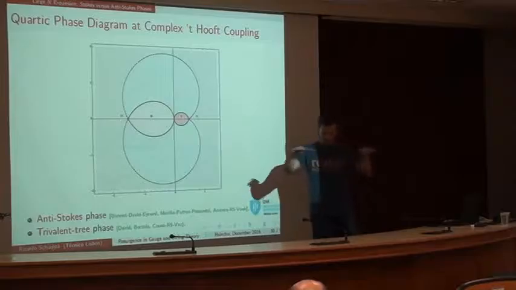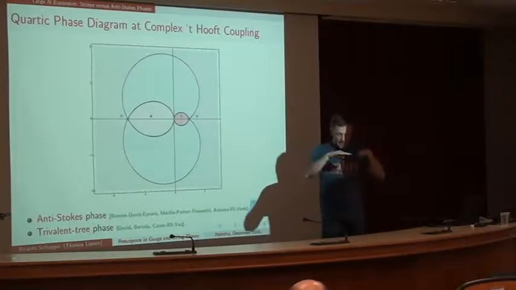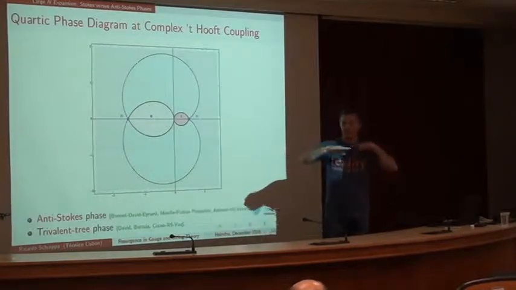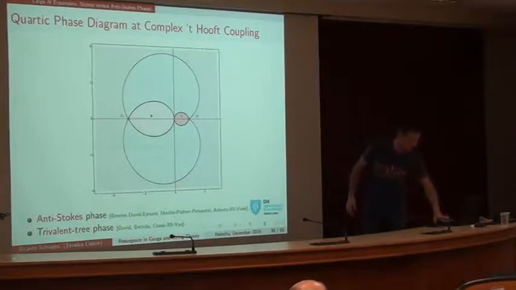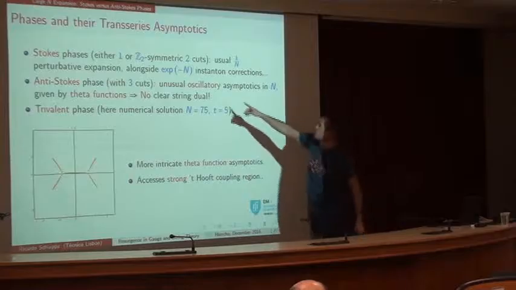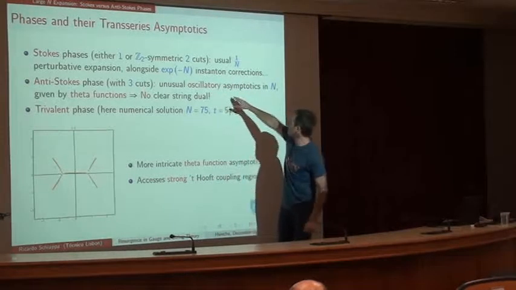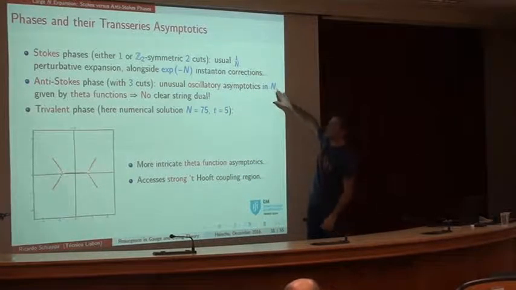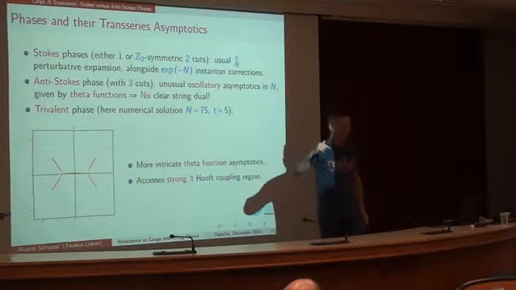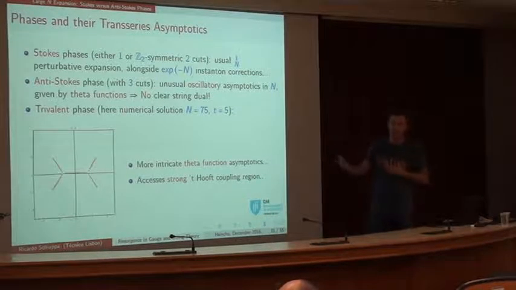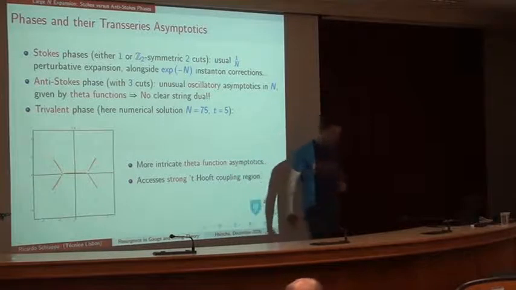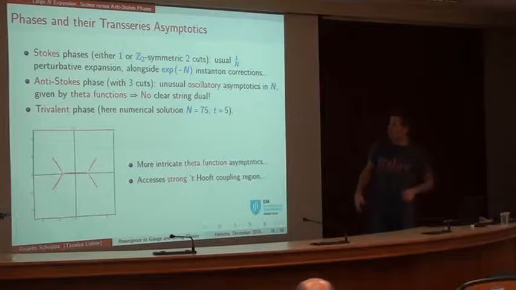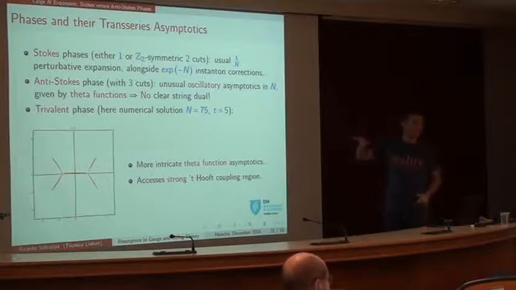All eigenvalues are organized at the same energy, so they can all shuffle around the cut that they want, and it's no longer true that you have a 1 over n expansion. In fact, you do not have it. You will find oscillatory asymptotics in n, given by theta functions. So in particular, from the standard Gopakumar-Vafa construction of associating a closed string dual in some specific Calabi-Yau geometry to these matrix models, there will be no clear string dual right now.